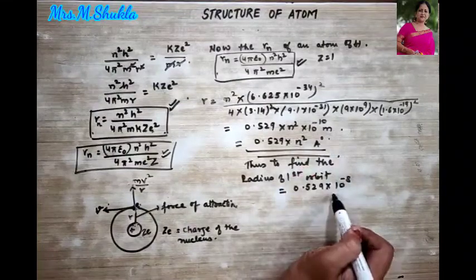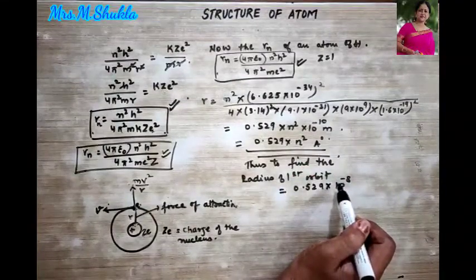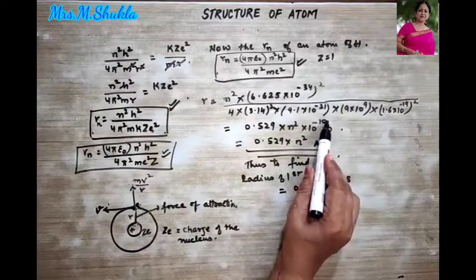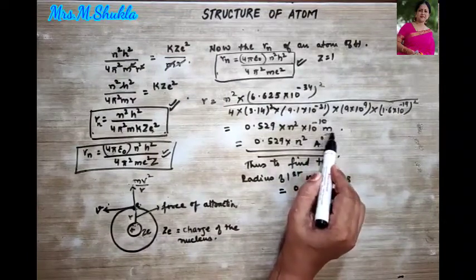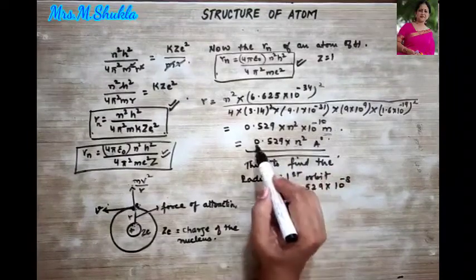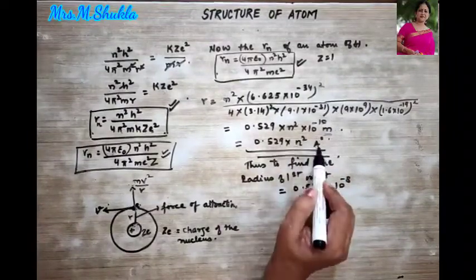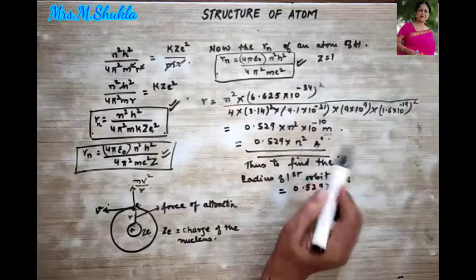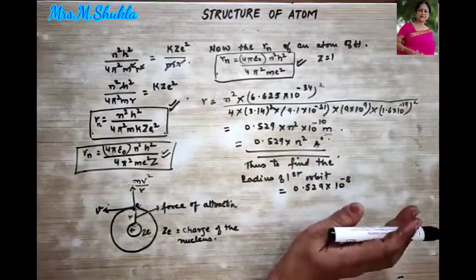If we are using 10 to the power of minus 10, then we are calculating it in meters, and if we are using only 0.529, then we are giving the unit in Angstrom. I hope that is very clear.